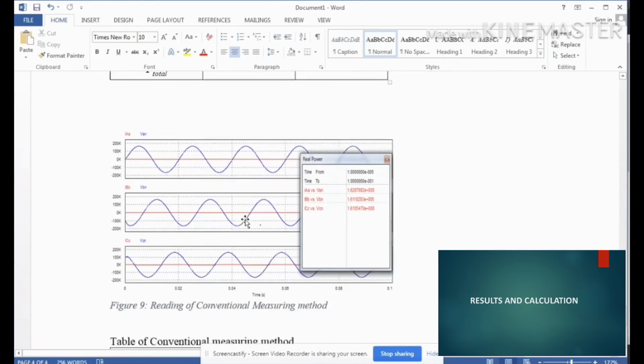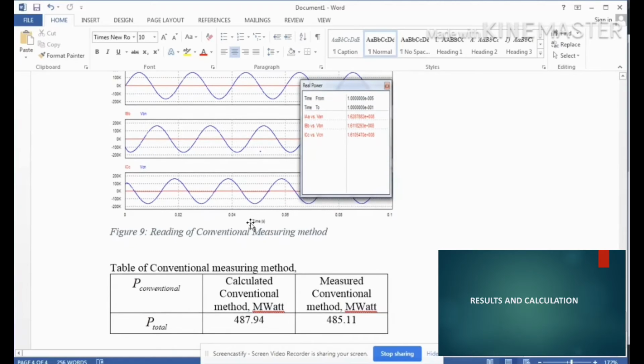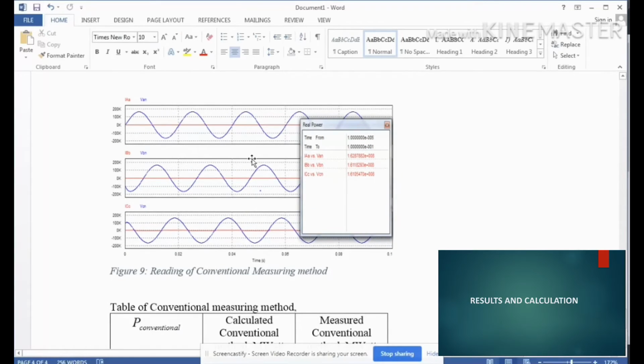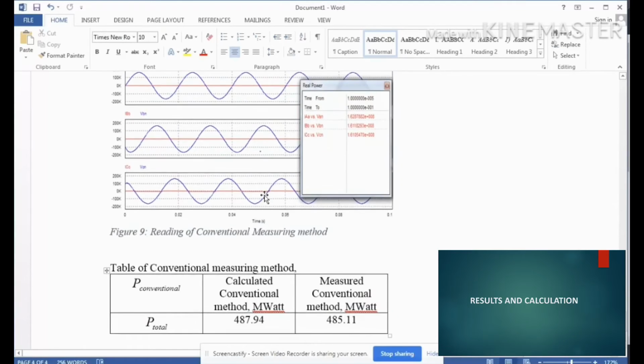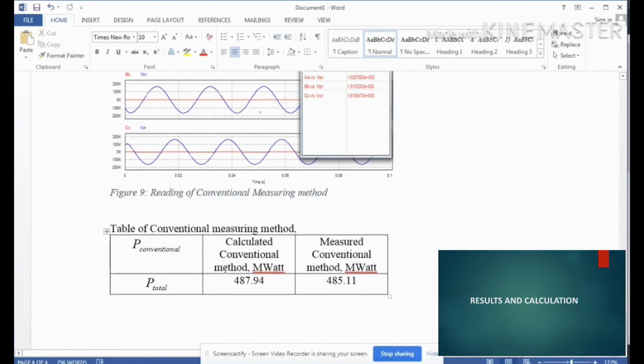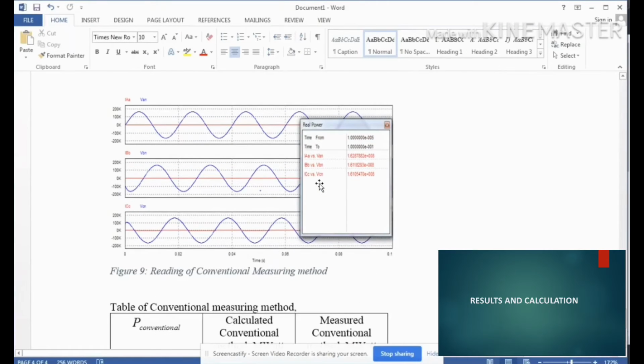And the last one is conventional measuring method. For the conventional measuring method, like the 2 wattmeter method, we just take the P total, where P total is the total value from P1 plus P2 plus P3, where P1 is IAA times VAN, P2 is IBB times VBN, and P3 is ICC times VCN.